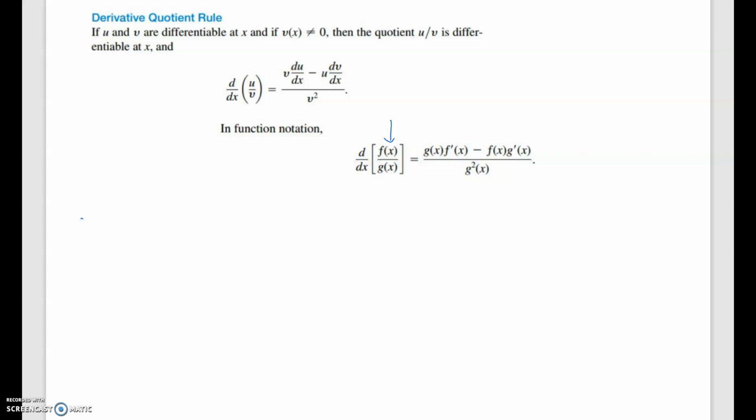So I'm just going to say let p of x equal the ratio of f of x over g of x, and p of x is defined over the real numbers.